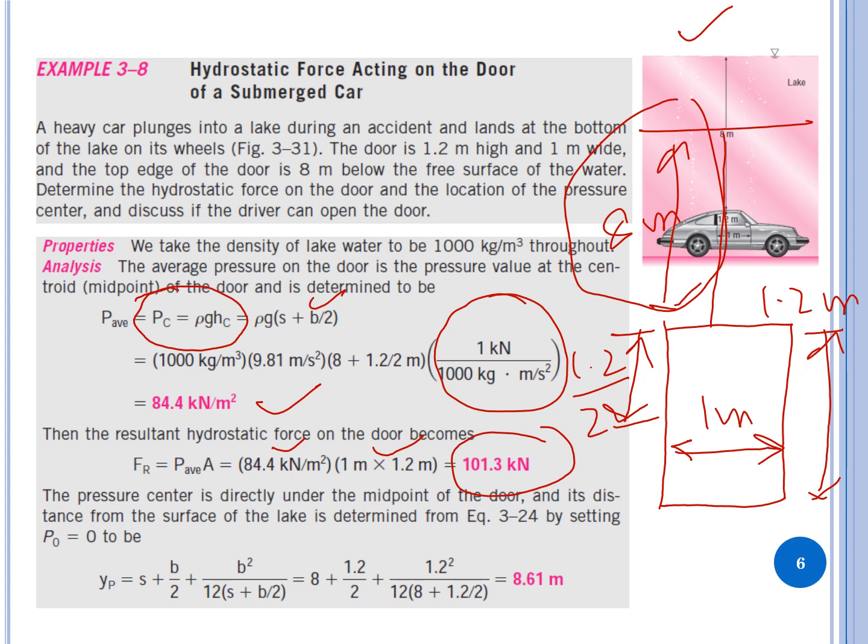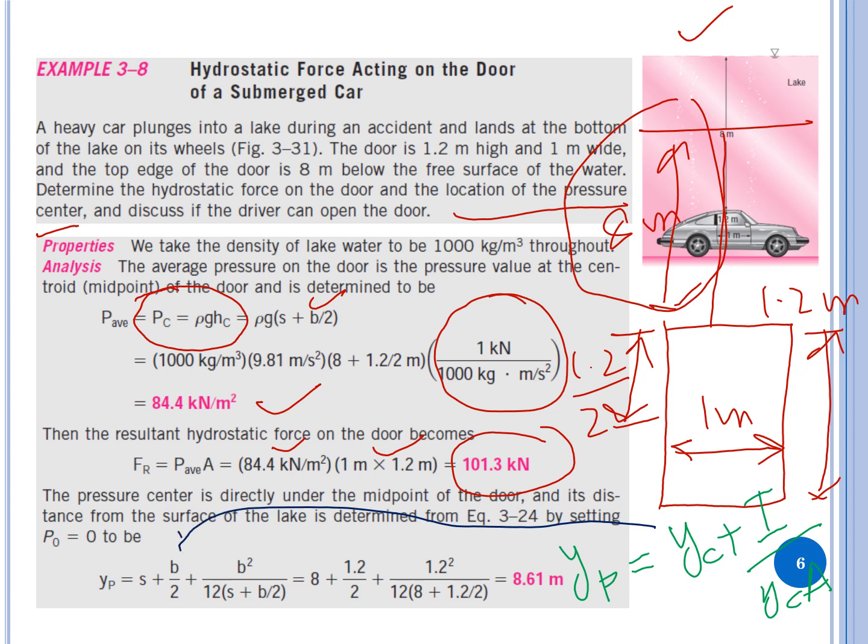Now the second part is to find the location of the pressure center. You know the formula for Yp, and Yp is basically Yc plus moment of inertia about the centroid over Yc times A. Now Yc is S plus B over 2.